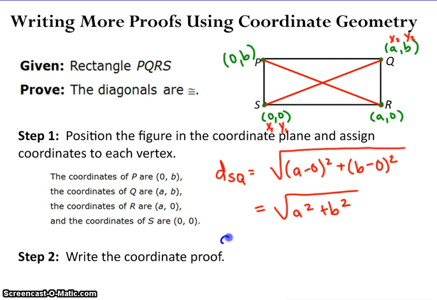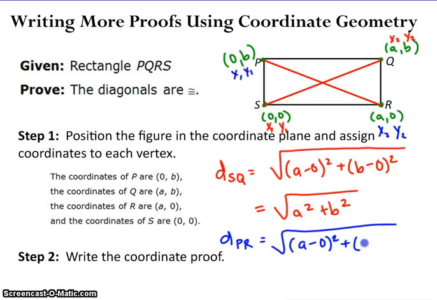Now we're going to do the distance from PR. Let's call this x1, y1, and x2, y2. So we have the square root of a minus 0 squared plus 0 minus b squared.